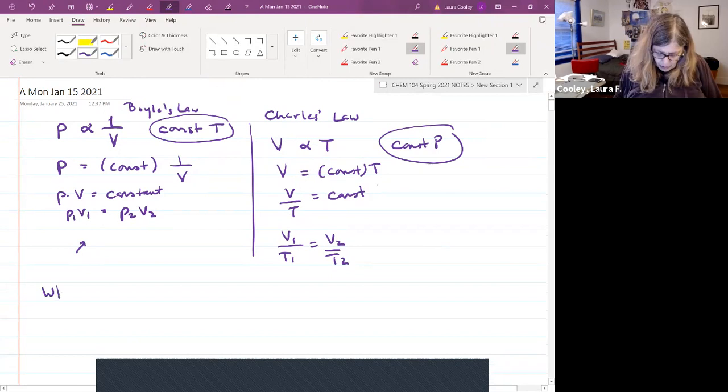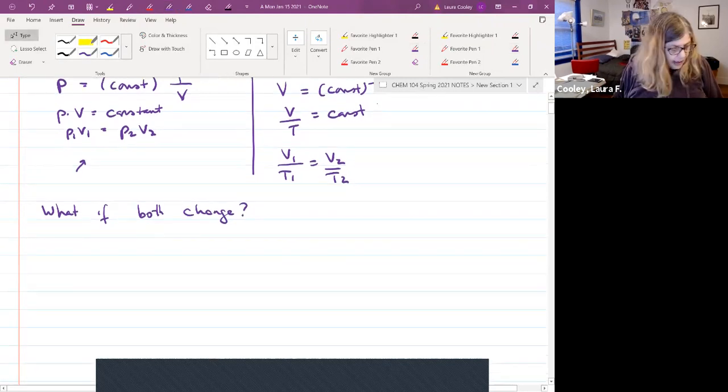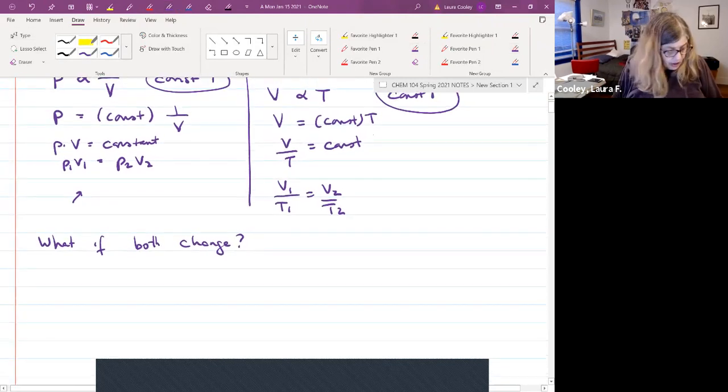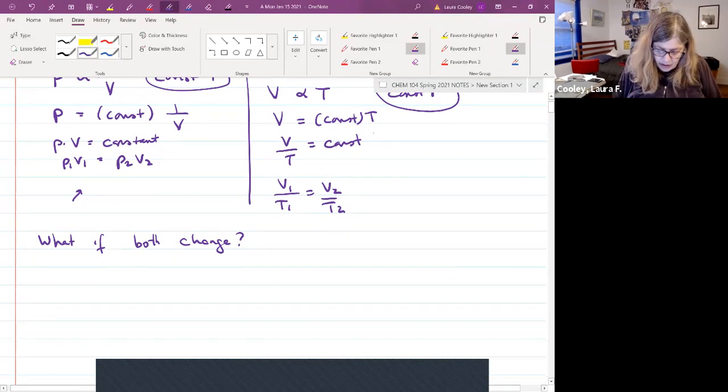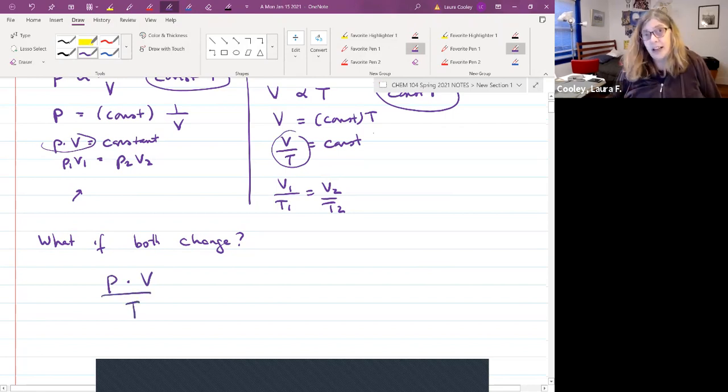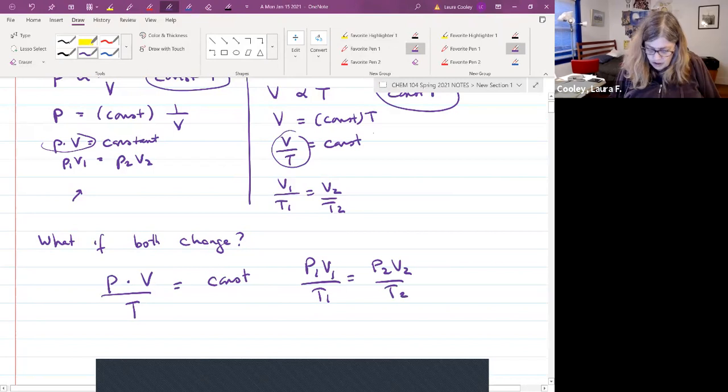But what if both change? Instead of just P times V being a constant, or V over T being a constant, we have P times V over T altogether is a constant, which leads to P1 V1 over T1 equals P2 V2 over T2.